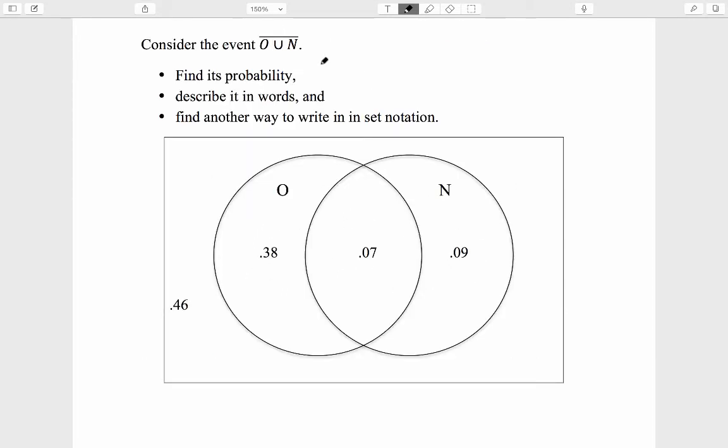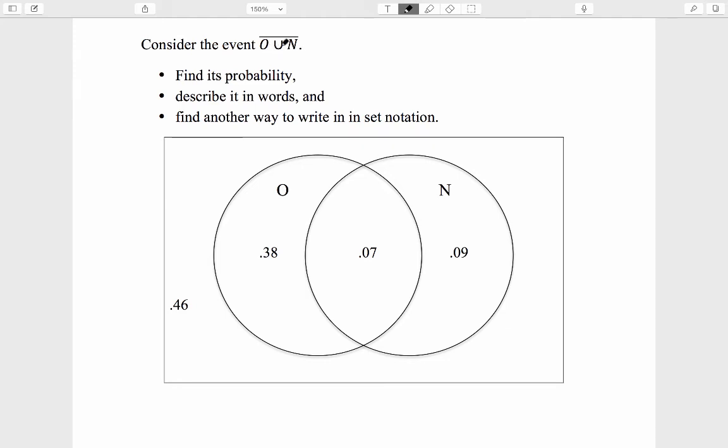Having made those important observations, now we're ready for the following. Consider the event O union N complement. Notice the difference between putting a complement sign over a union and putting the complement sign over a single letter. What this symbol means is that we are first taking the union of O with N. So O union N is its own thing.